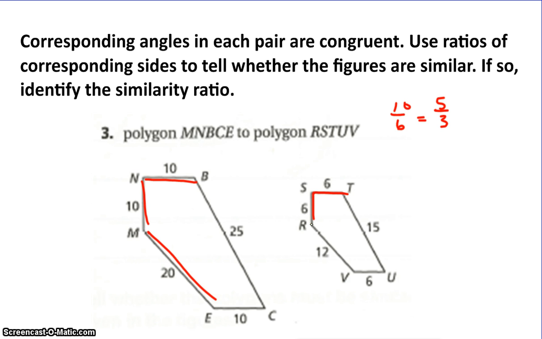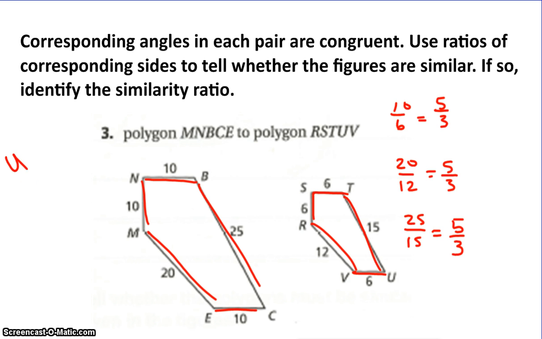Alright, ME and RV, so 20 over 12 is 5/3. 10 over 6, we already did that one. And then 15, oops, not 15, excuse me. First over second, 25 over 15 is 5/3. So the answer is yes, and the similarity ratio is 5/3.